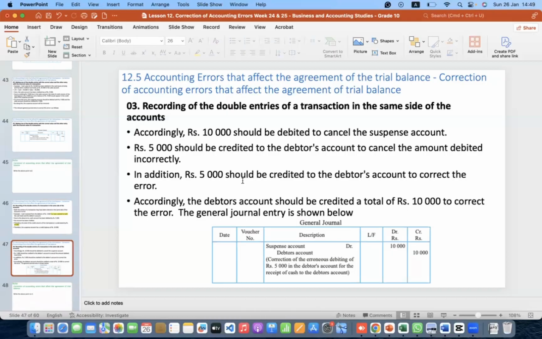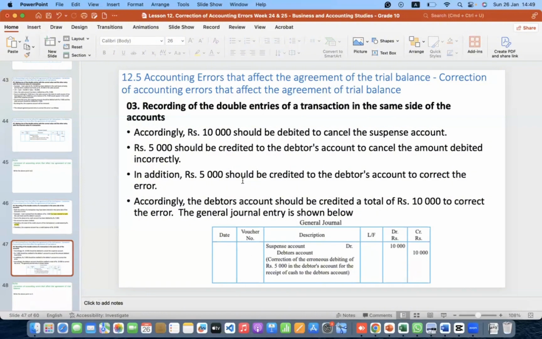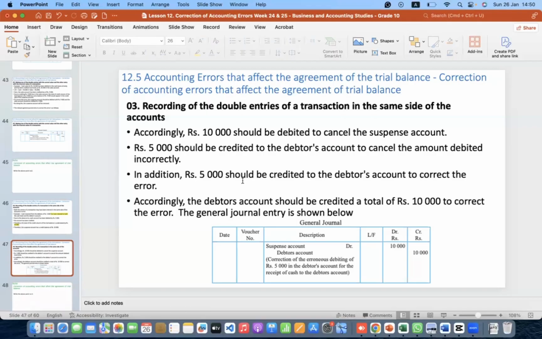So accordingly, the debtors account should be credited a total of 10,000 to correct the error. So then the correction entry goes as below. The suspense account, you are debiting by 10,000, and debtors account, you are crediting by 10,000.